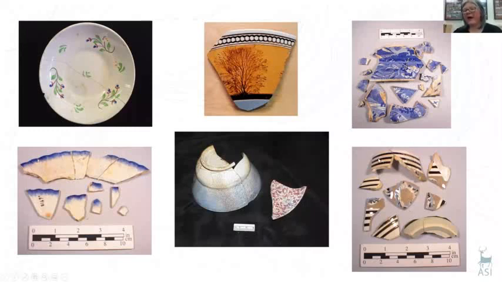And we also have this vessel in the lower right, which is what we call factory slipped. In general, they would have taken the fired pieces and added a clay slip, which is a very thinned out clay solution.